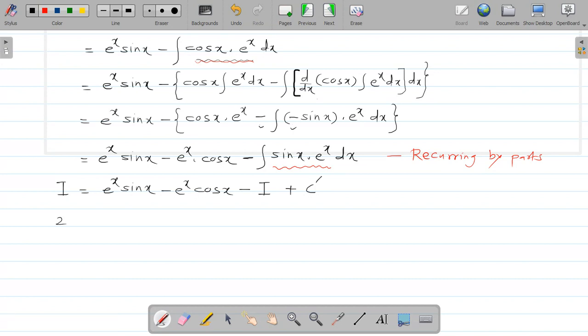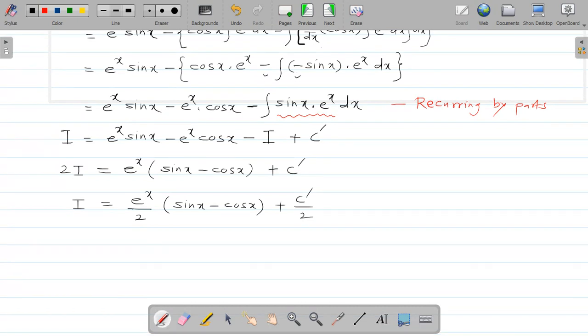If you take this to the left hand side then it will be 2I is equal to e raised to x common into bracket sin x minus cos x plus c dash, and if you divide it by 2 then I is equal to e raised to x upon 2 into bracket sin x minus cos x plus c dash upon 2.